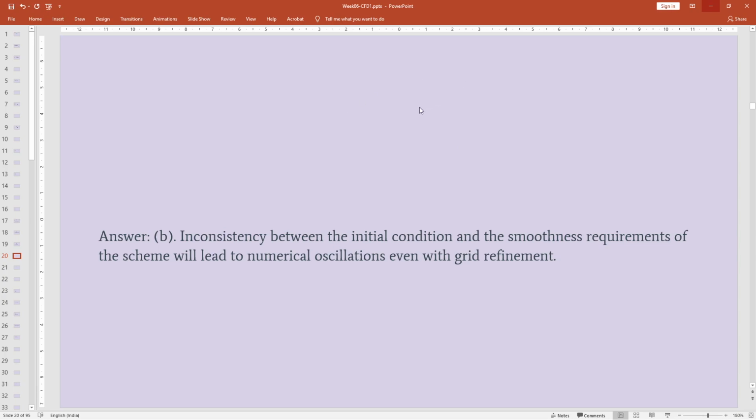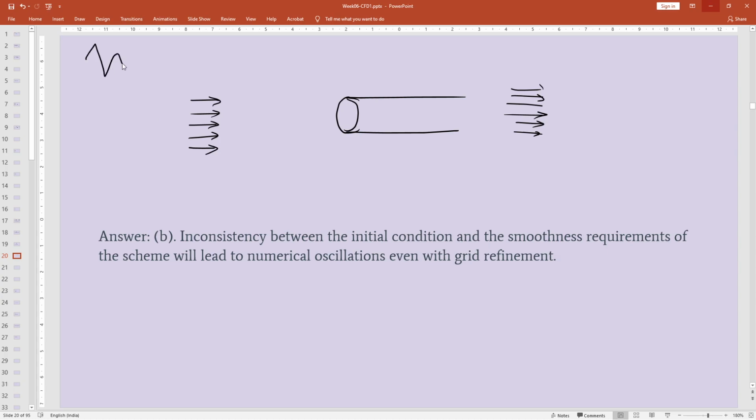Suppose I'm using a random example, a laminar flow through a pipe, with a velocity profile having some sharp turns.